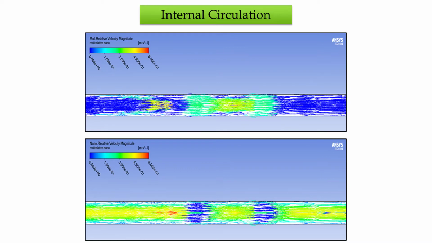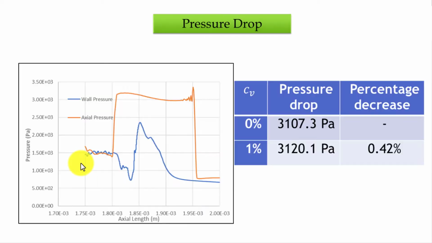For an effective and efficient heat transfer, internal circulation is an important parameter. As shown in these figures, we have identified that both mineral oil droplets and nanoparticles provide higher internal circulations.